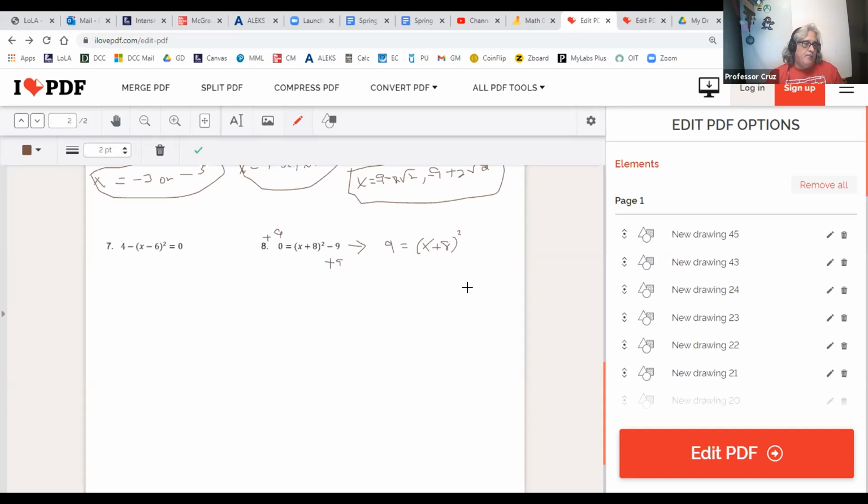Now, if you're like me, I like to have this on the other side, so I'm just going to turn them around, because once they're equal, you can just flip the sides if you want to. That just means the same thing, like a mirror kind of thing.